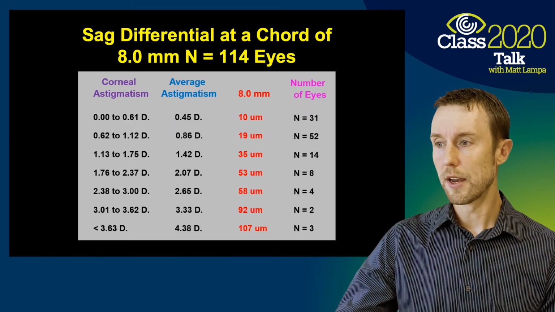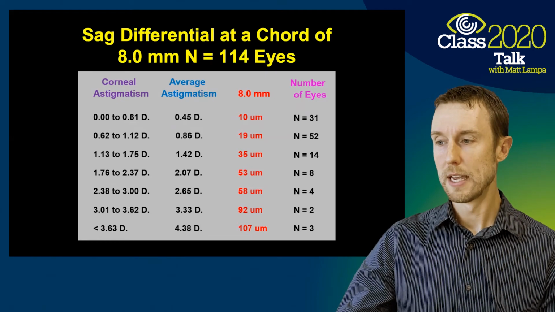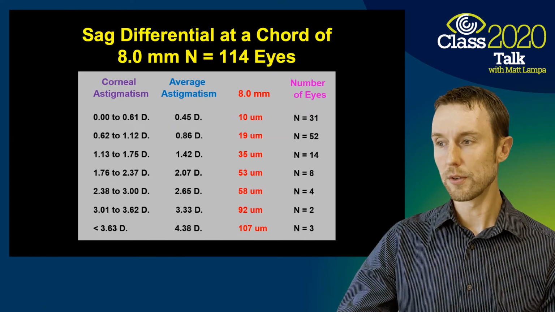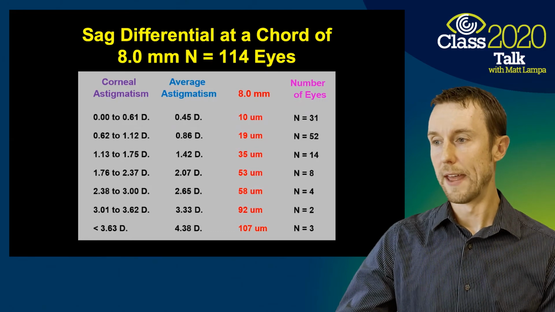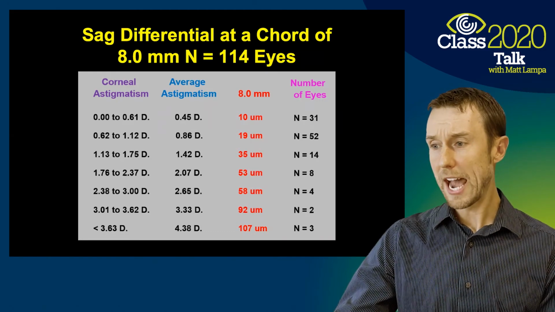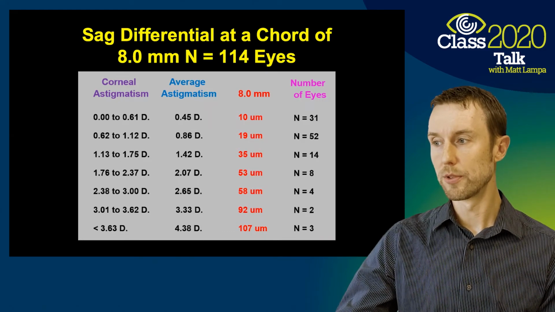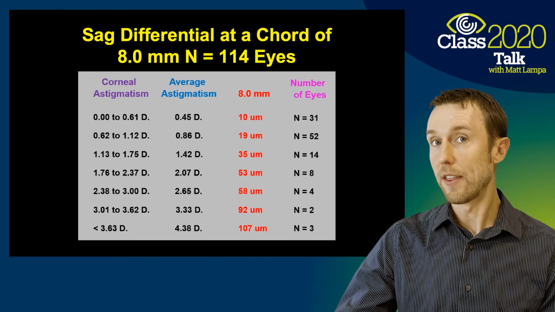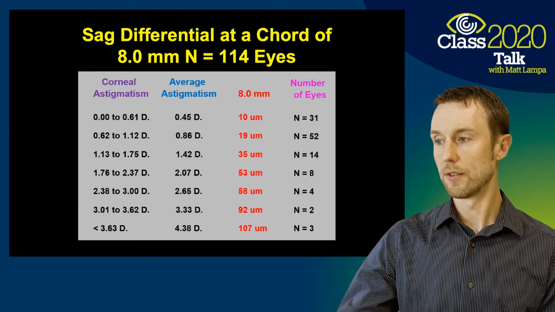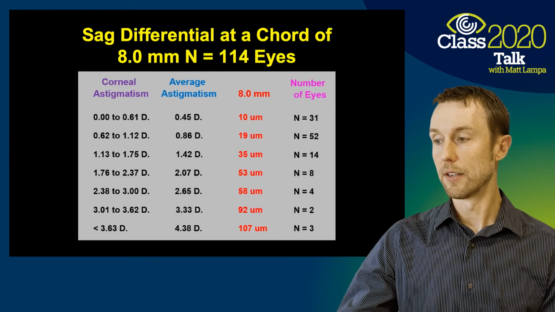Well, what you see there on the left-hand column is a series of different corneal astigmatism values, and then the average astigmatism within those groups, and then at the 8 millimeter chord, what is the sagittal height differential?